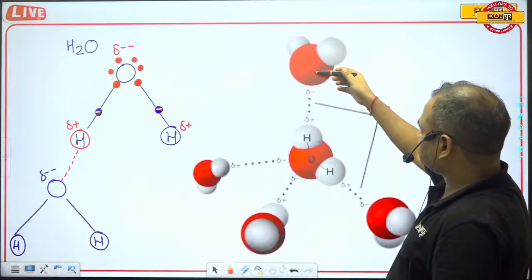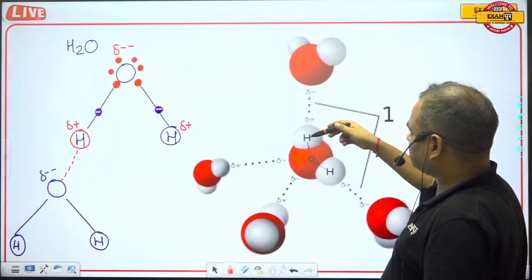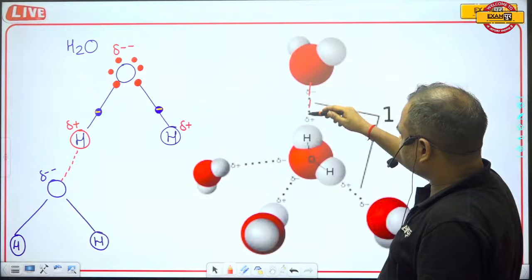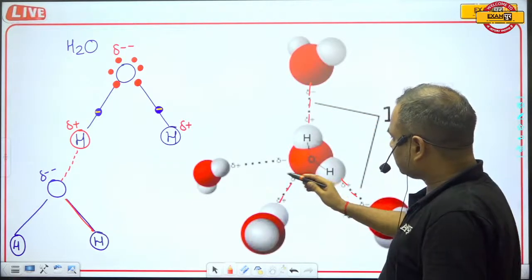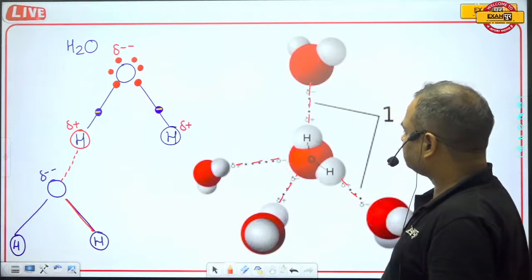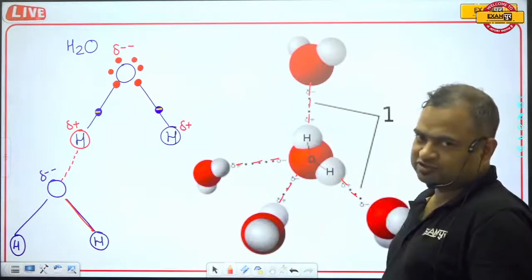This oxygen atom has been attracted towards the hydrogen. Here you can see the hydrogen bonding, here, here and here. So this is the hydrogen bonding actually.